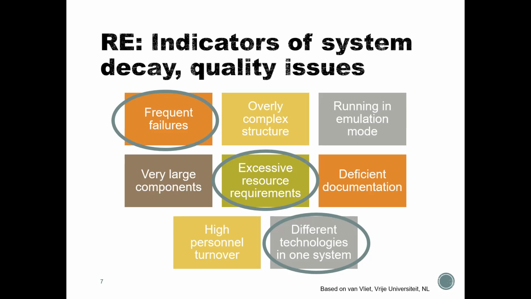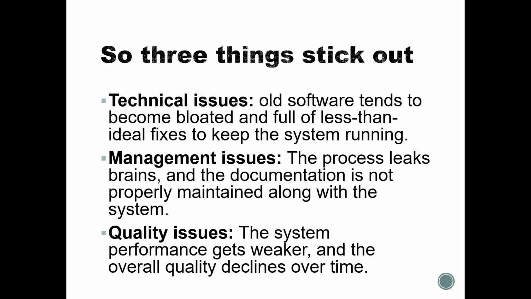Whenever you are developing software using multiple different technologies, then performing an upgrade or the maintenance process, you are going to face challenges. These are the indicators of quality issues which are going to happen after a certain period of time. So software is going to degrade, and these three factors come under quality issues.